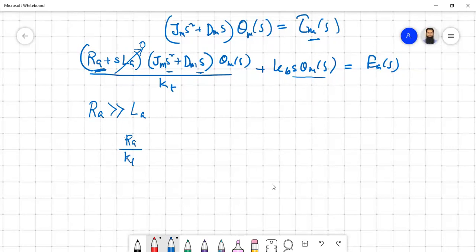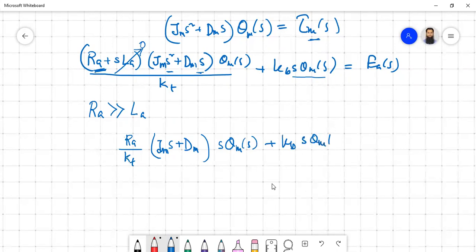These kinds of simplifying assumptions we always have to make to make things easier. So what you have is (Jm s + Dm) s theta m(s) plus Kb s theta m(s) equal to Ea(s).